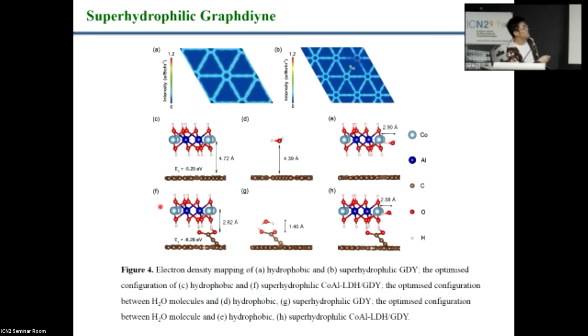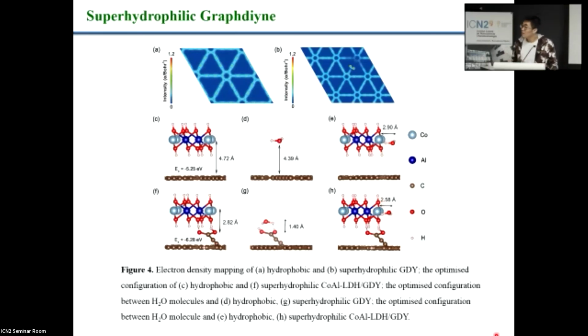We can see it can not only attract the catalyst, it can also attract water, and it can narrow the distance between them, because the reaction occurs on this catalyst. So the water being attracted onto the catalyst is also good for the OER.